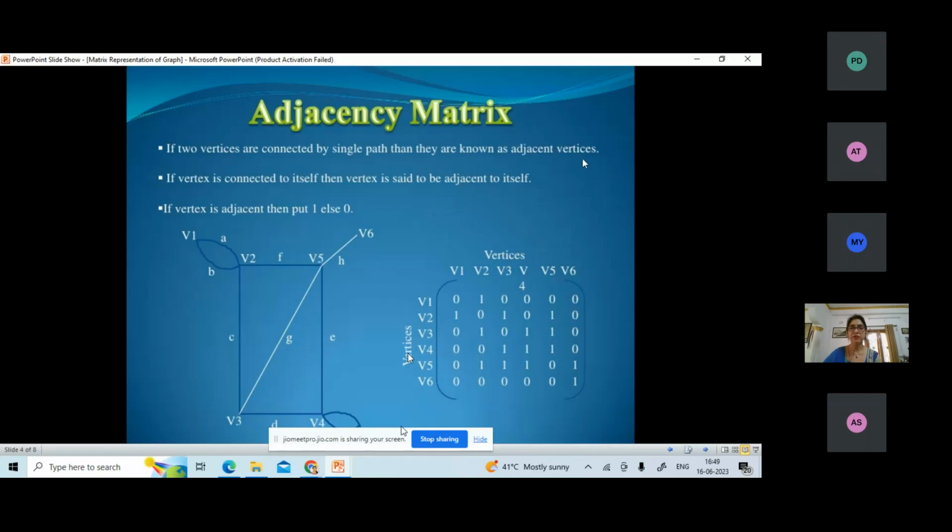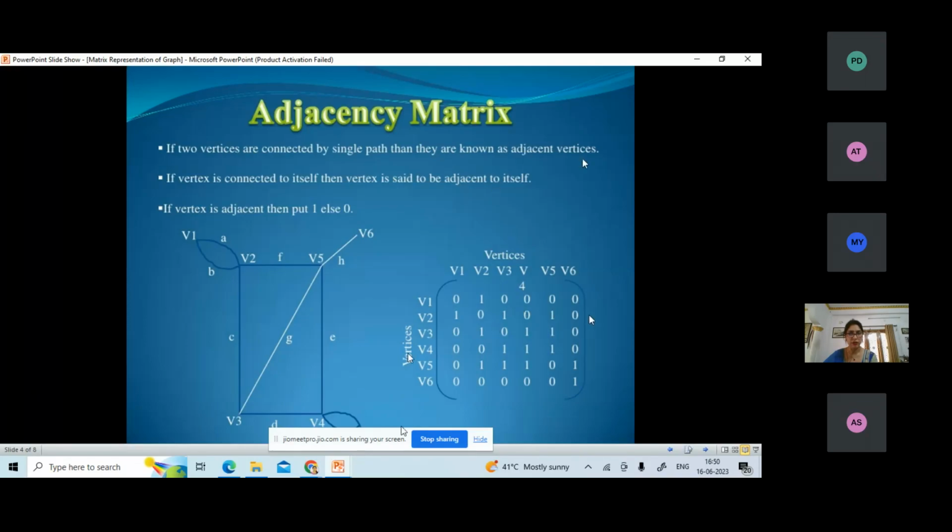This is a matrix from vertex to vertex. If V1 is adjacent to V2 only, then that entry is 1, and the rest are all 0, since no other vertex is adjacent to V1 other than V2. Same for V2: how many vertices are adjacent to V2? V1, V3 and V5.